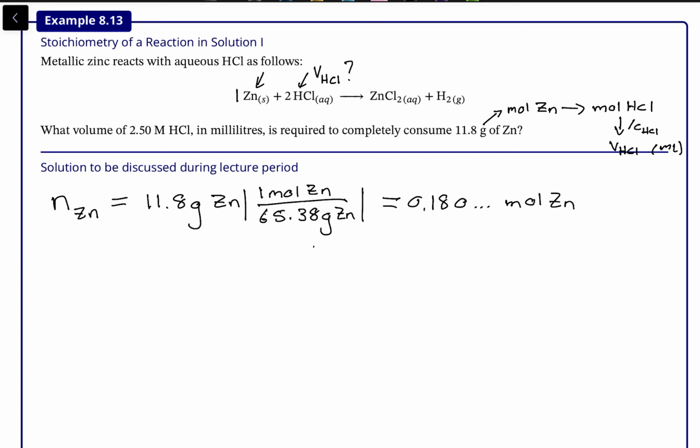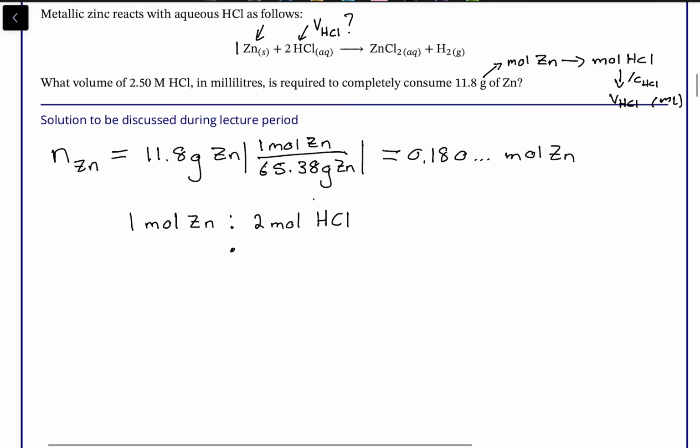Now we can use our chemical equation. We know they react in a one-to-two ratio. So 1 mole of zinc reacts with 2 mole hydrochloric acid. At the moment, we have 0.180 mole zinc, and we want to determine how many mole of hydrochloric acid that reacts with.